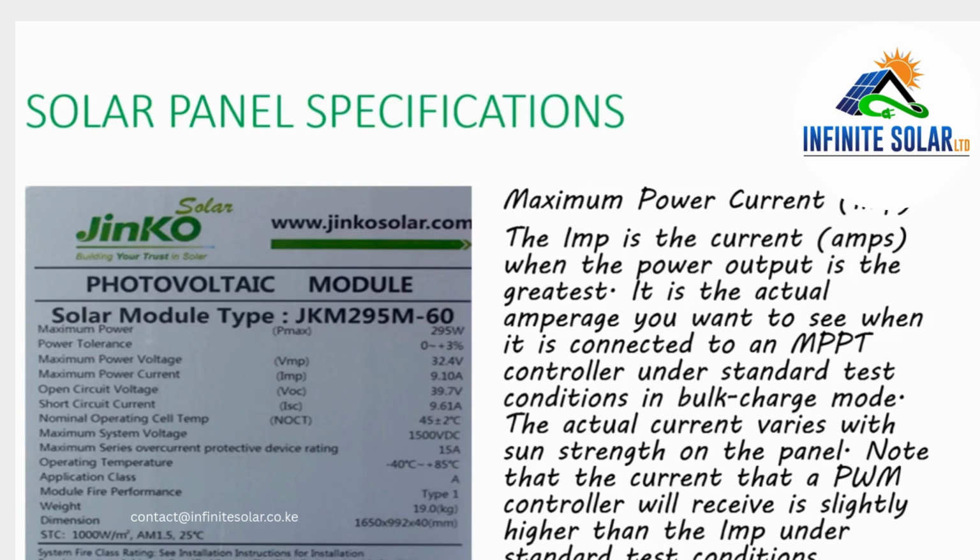The actual current varies with the sun strength on the panel. It is important to note that the current that a PWM charge controller will receive is slightly higher than the maximum power current under standard test conditions.